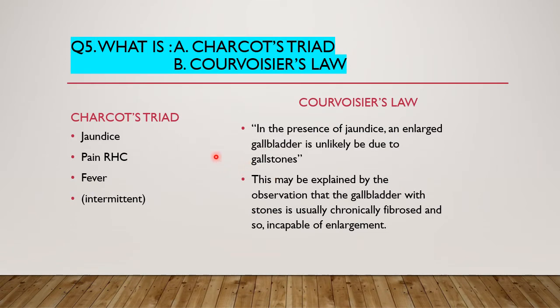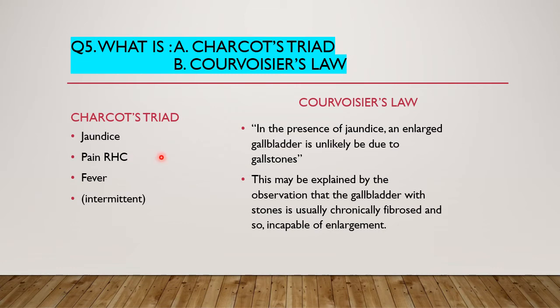Okay, next, question 5. What is Charcot's triad and what is Courvoisier's law? Charcot's triad is a triad consisting of jaundice, pain in the right hypochondrium, and fever. And this fever is classically associated with chills and rigors. These three together are known as Charcot's triad, which is a diagnostic feature of cholangitis.